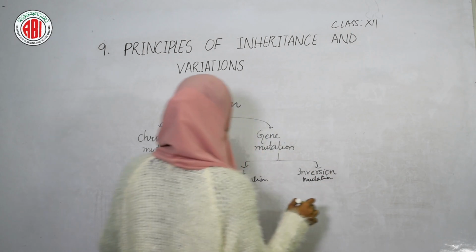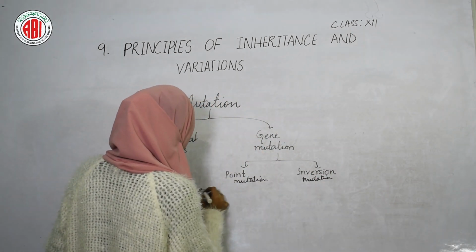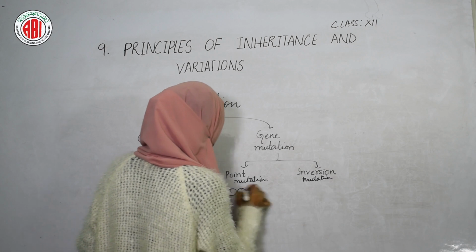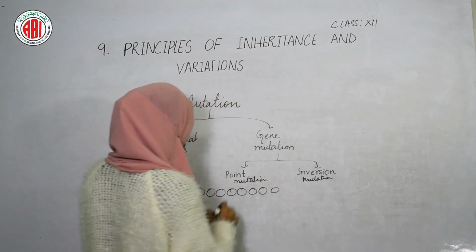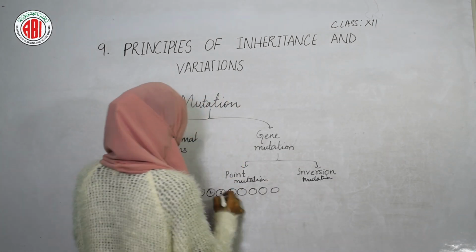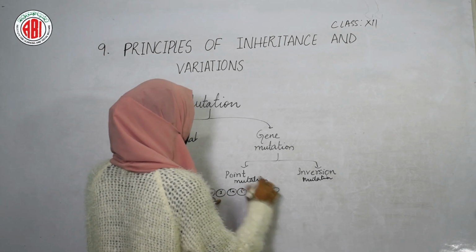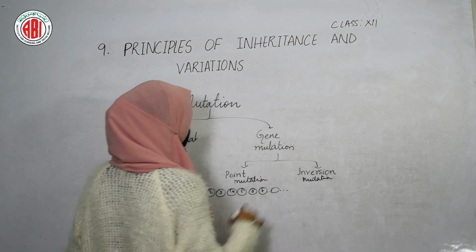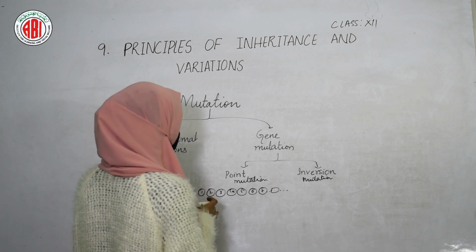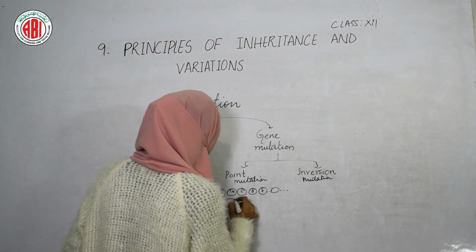In point mutation, what happens is, this is a chain of amino acids, which is the structure of a protein. So this one is first, second, third, fourth, fifth, sixth, and likewise all the amino acids are arranged in a chain-like structure, that is called a protein.